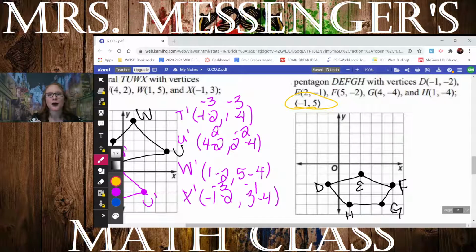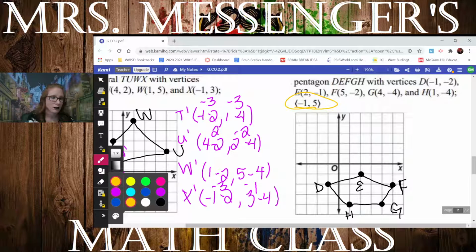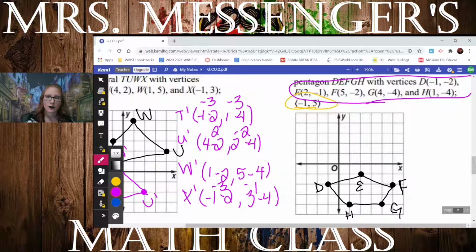Now, what a lot of you are probably thinking is, well, why aren't I just taking the coordinates at home and physically taking them left 1 and up 5? Well, the reason I don't do that is eventually I'm going to ask you to create the new coordinate without giving you a coordinate grid. So I'll give you these, but I won't necessarily give you this to draw on.